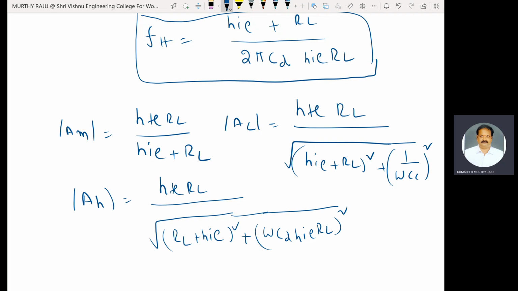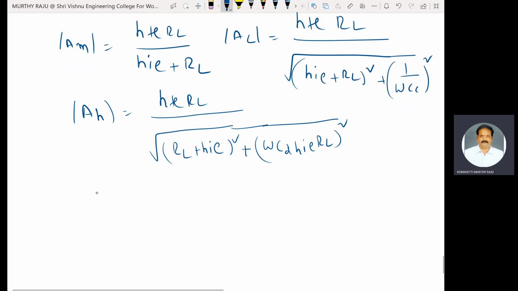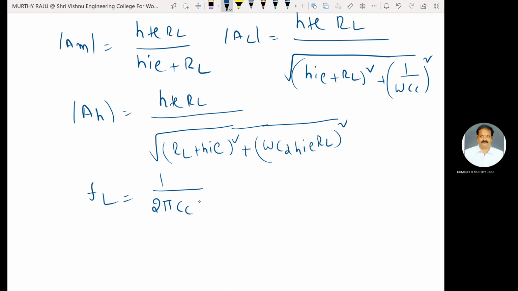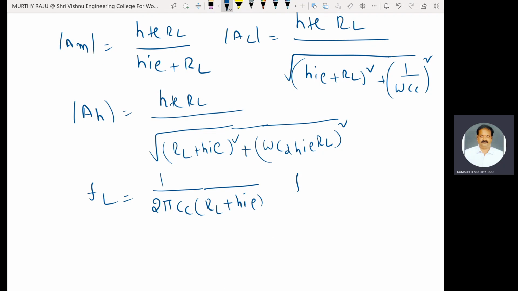The lower cutoff frequency FL is equal to 1 by 2 pi CC into RL plus HIE. The upper cutoff frequency FH is equal to HIE plus RL by 2 pi CD HIE into RL.